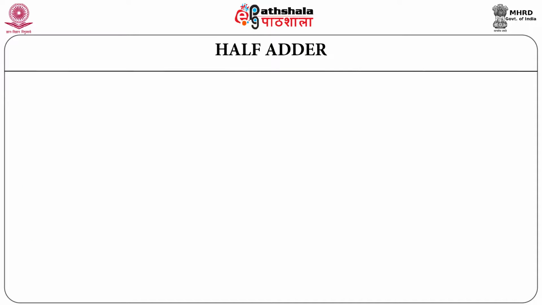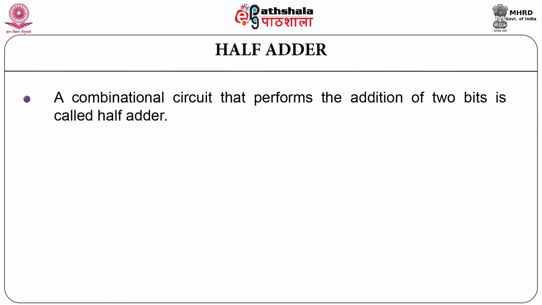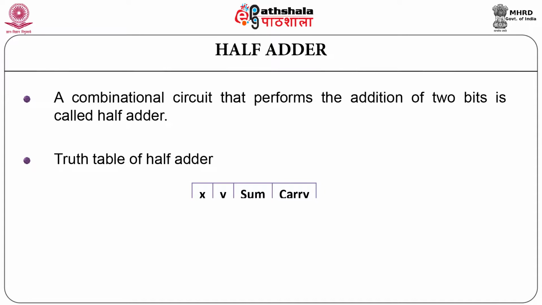Let us talk about the half adder. We will see why it is called half adder later on. A combinational circuit that performs the addition of two bits is called the half adder. The truth table for the half adder is very simple. It is as below. Let us assume that there are two inputs x and y. The result is sum and carry.